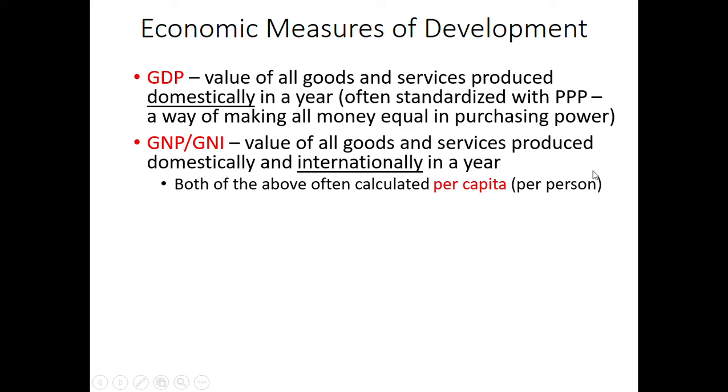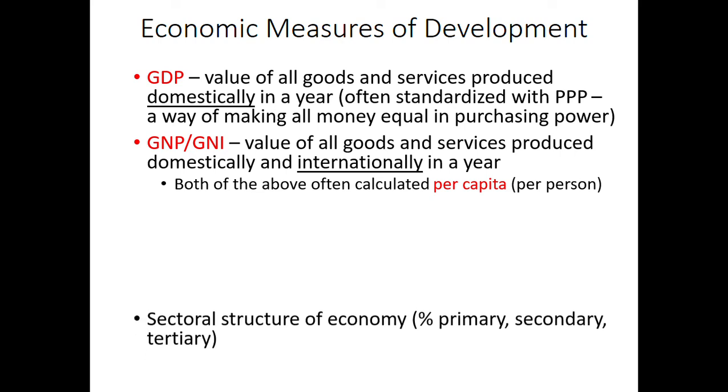But if you were to make that per person, that kind of gives you an idea of what our income is per person. It's the value of all the stuff we produce per person in a year. So you might see a figure for GNP per capita or GNI per capita, something more like $50,000 a year or $45,000 a year. Again, these are often standardized so you can compare country to country to figure out really how our country's doing and are they growing or shrinking.